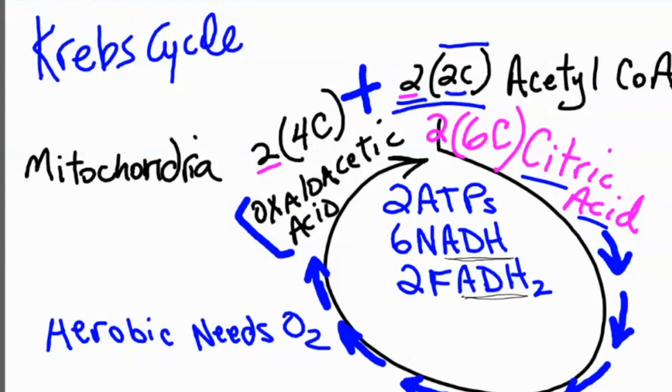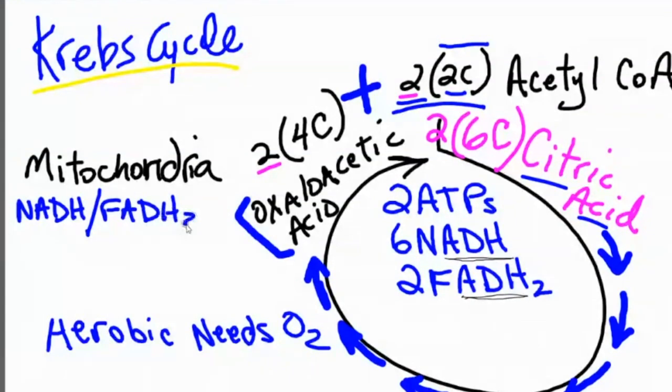We make 2 FADH2s in the Krebs cycle. These are also just like in our previous step, NADH and FADH2. Later they'll be what? They'll be converted into ATPs later on.